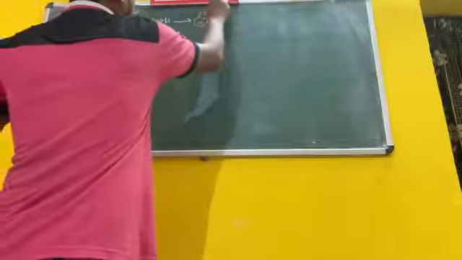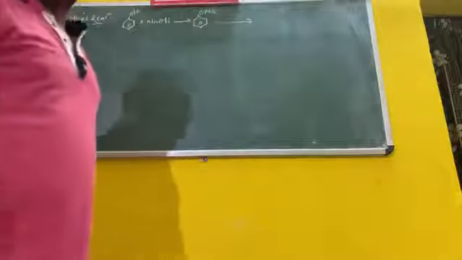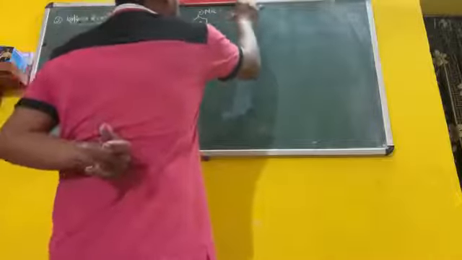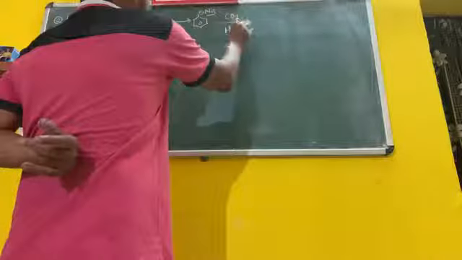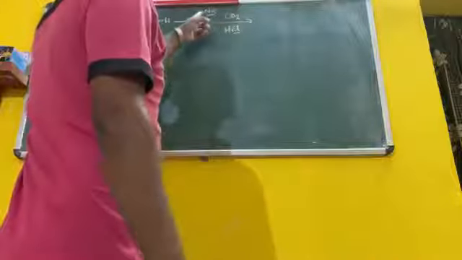Okay, when ONa is again treated in the presence of carbon dioxide, and in the presence of acid, HCl, then Na and Cl, this part will be removed to form OH and CO2.